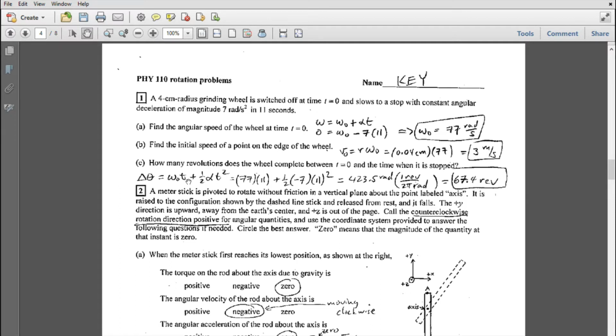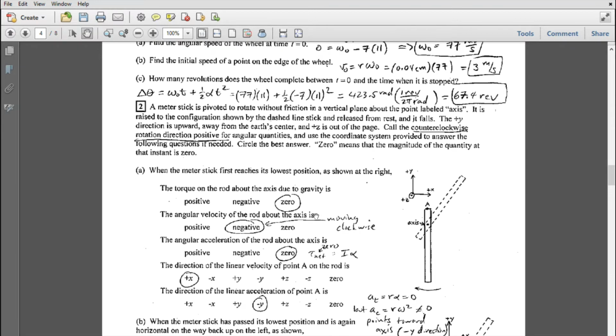We now know what omega 0 is. And 1/2 alpha t squared, remembering alpha is negative, and we know the t is 11 seconds, so we can calculate it that way. You could also use omega final squared equals omega initial squared plus 2 times alpha times delta theta and solve for delta theta. That way we know all the information that goes in there too.